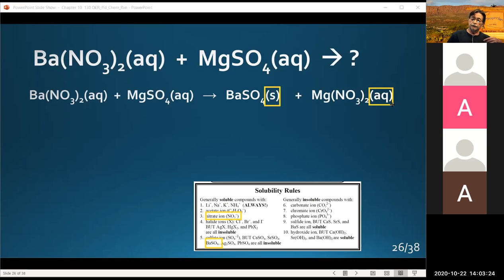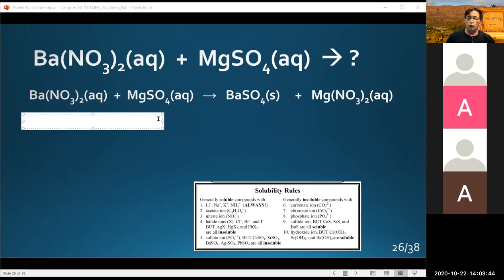Now, my suggestion first is to break these into ions. To make sure you've got the correct ion setup, I went ahead and gave you the products, but before you do that, break them down into the ions. We know that barium is in group 2.